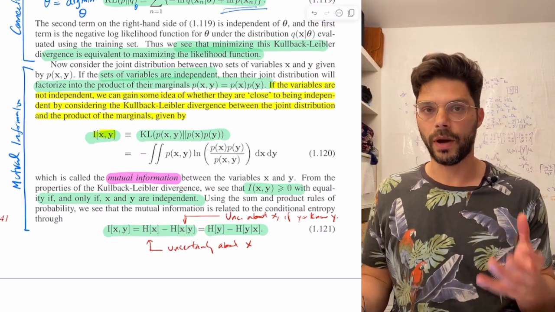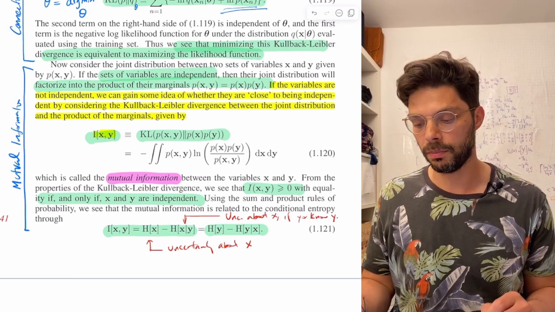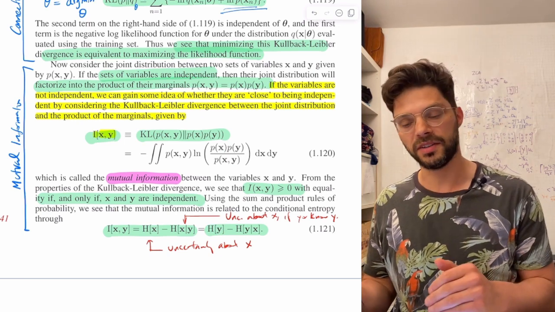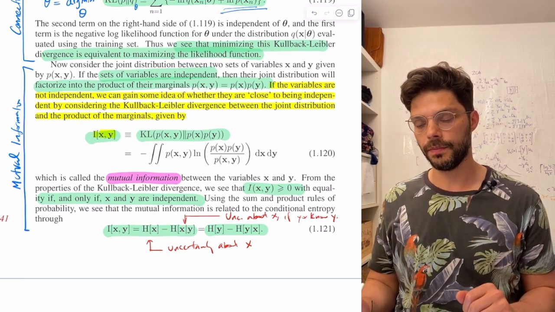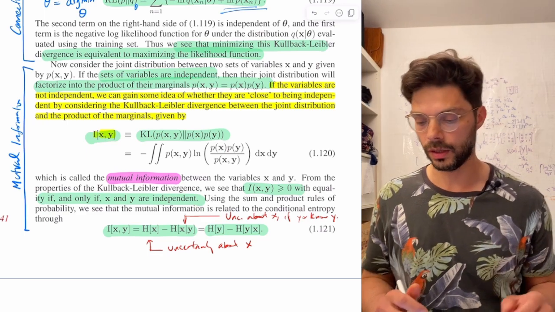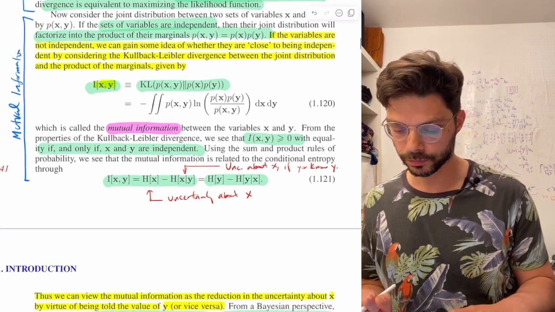The reason why that's important is that in some settings it can be much easier to compute the entropy on one set of variables than on the other set. So it's really useful that the mutual information doesn't depend on which variable you use. It's the same in both directions. That's something worth keeping in mind.